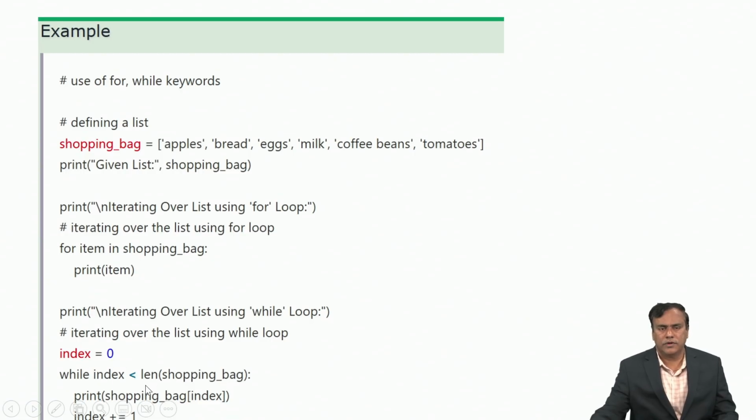Then I'm finding the length of this list, and if the value of this index is less than the length of the list, I'm going to access the value associated with that particular index in the list, print it, and then update the value of the index by 1, that is, incrementing the index value by 1. So that is what we are doing here.